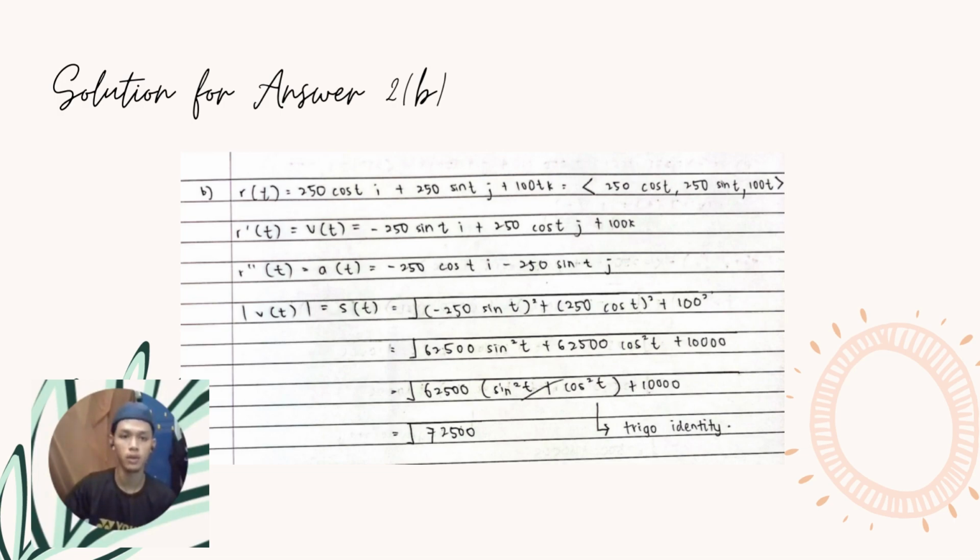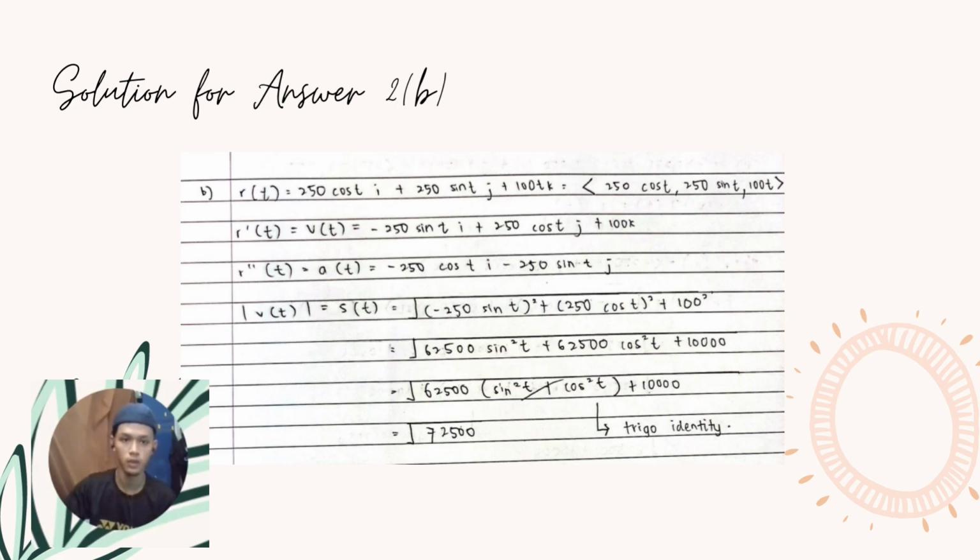Daripada equation yang diberi iaitu 250 cos t i tambah 250 sin t j tambah 100t k, untuk mencari velocity, kita harus differentiate daripada equation yang telah diberi. Kita harus menggunakan r prime untuk differentiate equation yang diberi.